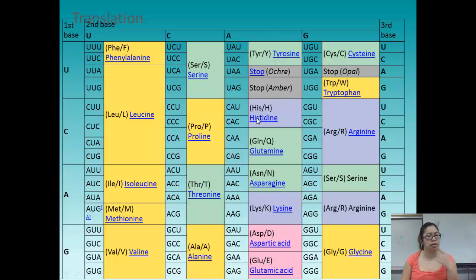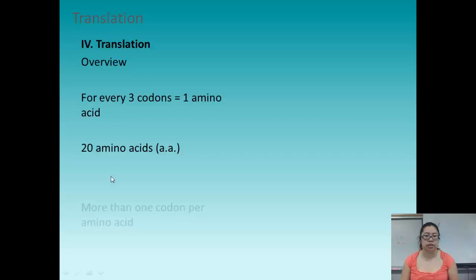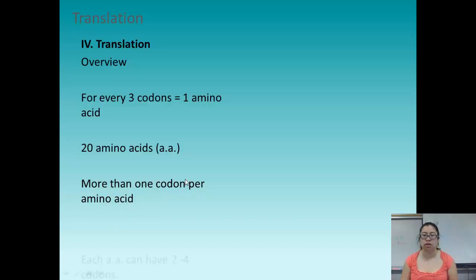But you'll notice there's more than one codon for each amino acid. Phenylalanine has 2. Why does that happen? Because each amino acid can have up to 2 to 4 codons.